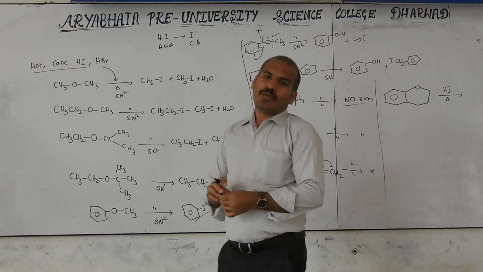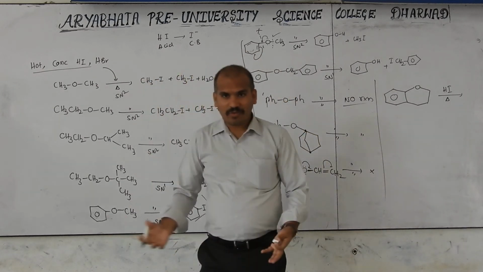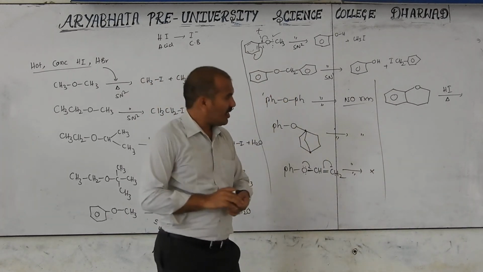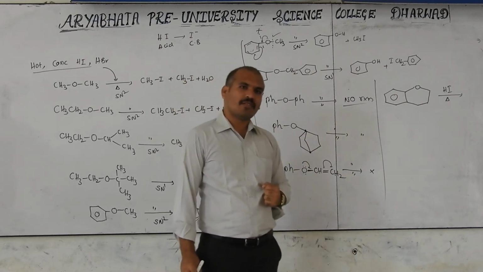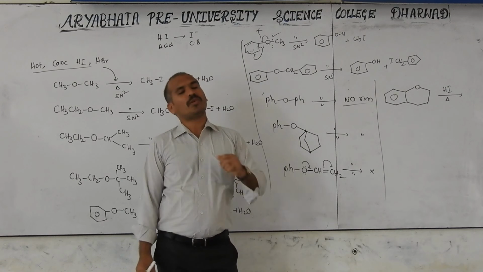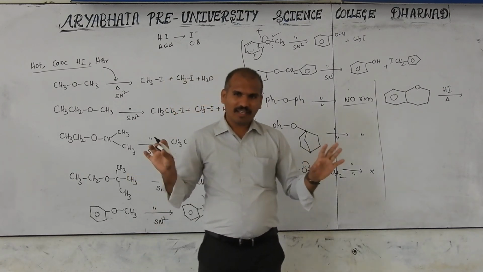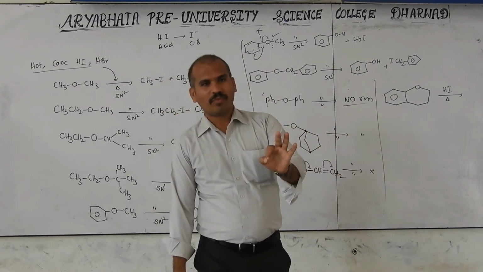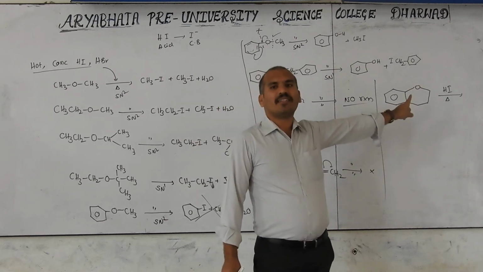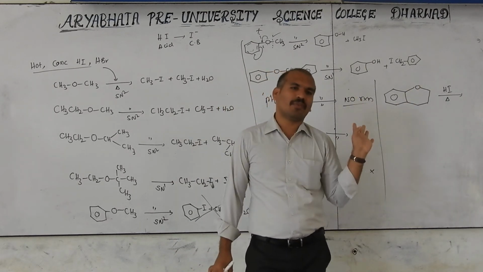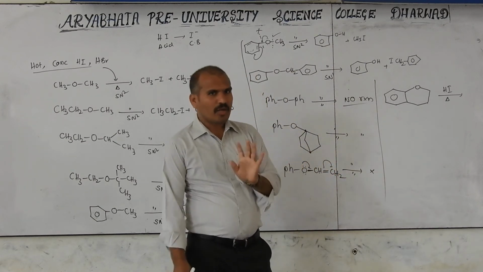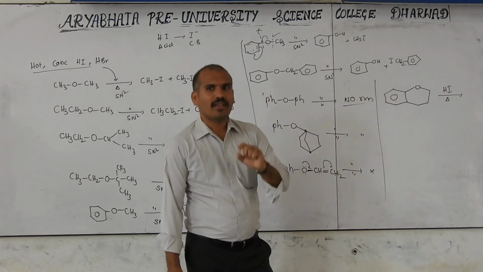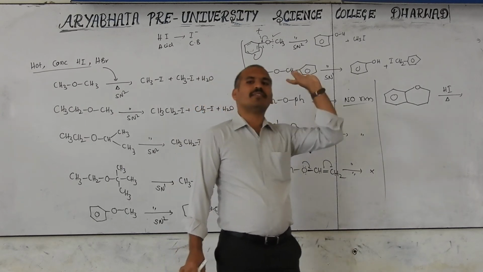Someone may say: sir, in other examples you told us concentrated or dilute, so we understood, but in this example nothing is given, only HI. Then how to answer? Unless it is given in the question, you have to remember that the reaction is with concentrated. That is also very important. If concentrated or dilute is not given, you have to consider concentrated only.